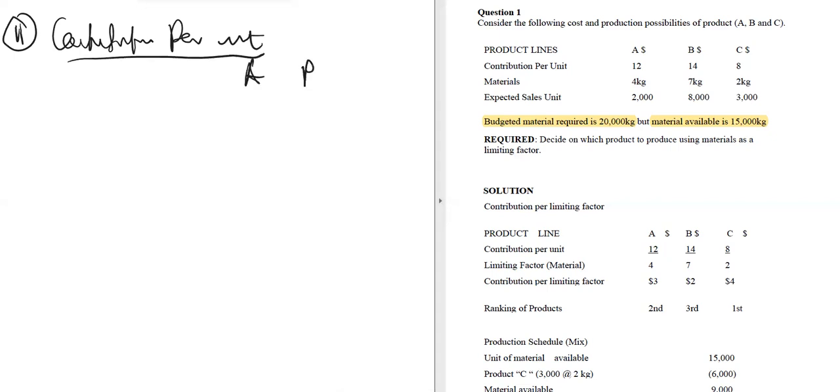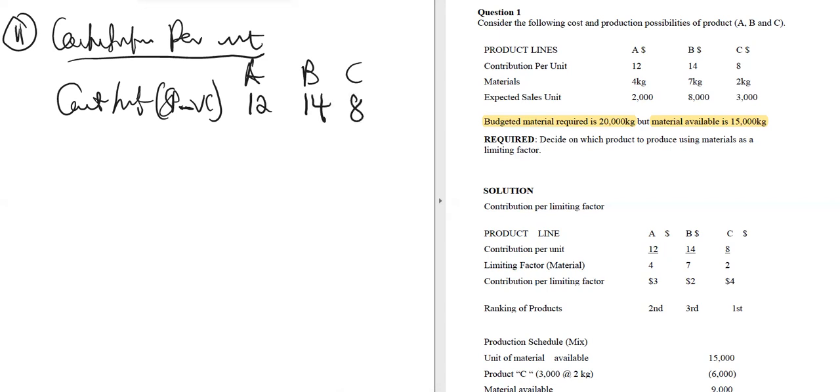We have A, B, and C. Contribution per unit is your selling price minus your variable cost. This has already been given: A is 12, B is 14, and C is 8.